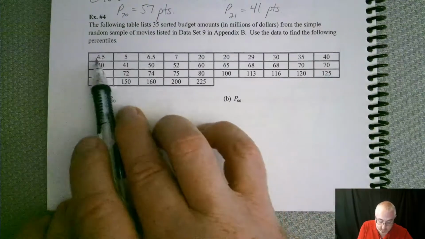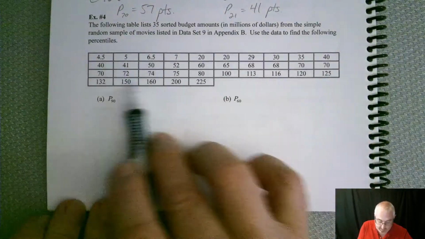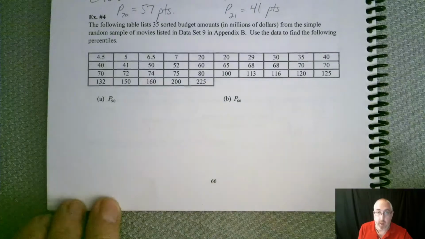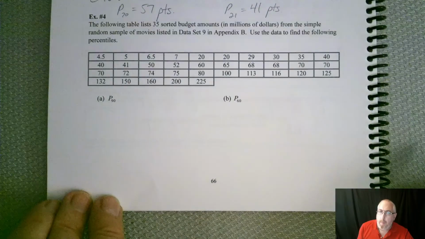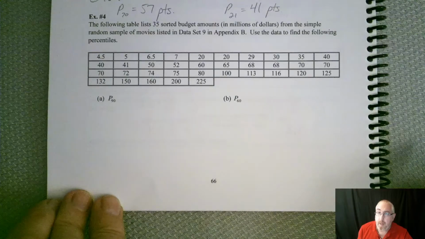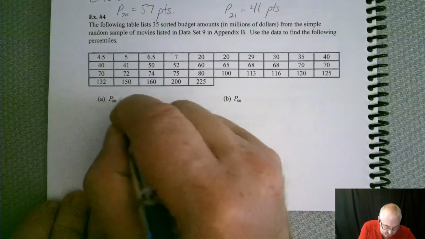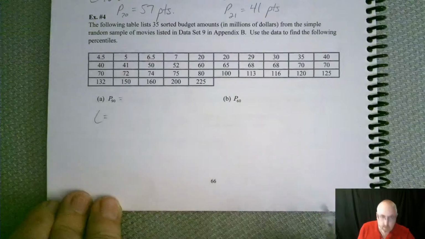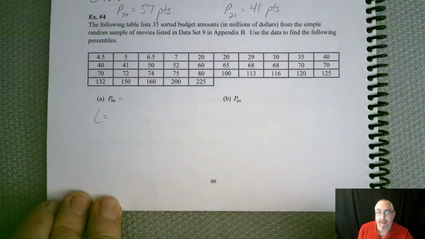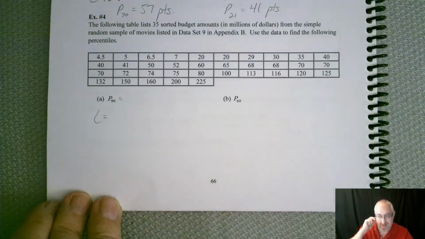Now again, it is sorted, so if we just eyeball it, you can see they do increase as we go. So what do we have to do first? If we're trying to find P90, we need L. So we got to get our L first. So what's L? You already forgot, didn't you?